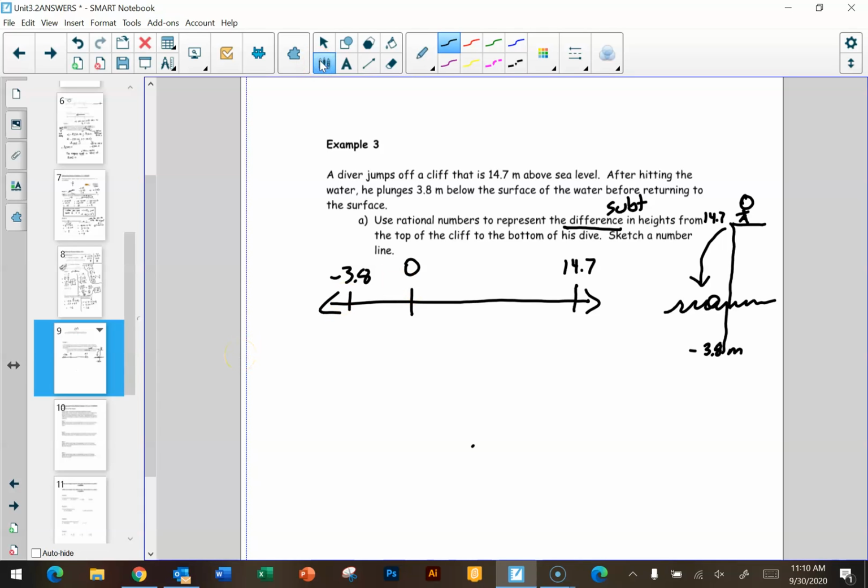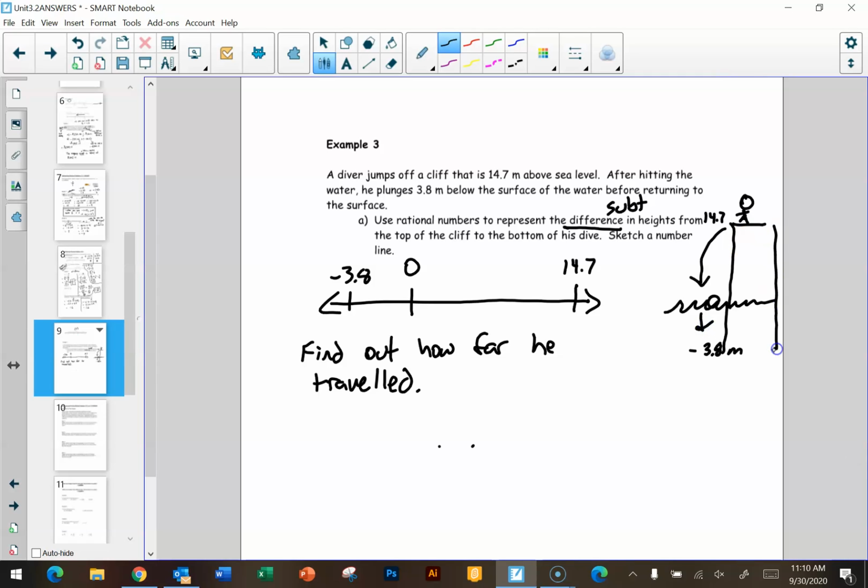What they're asking here, but haven't asked in so many words, is: find out how far he traveled. Because we know that it took 14.7 to hit the water, but we also know that he went further under the water. So how far did he go in total is this whole distance, not just the distance till he hit the water.